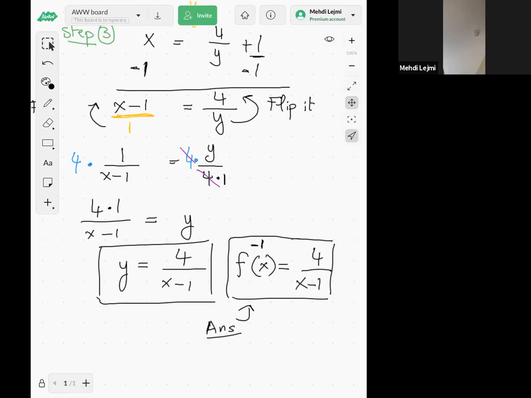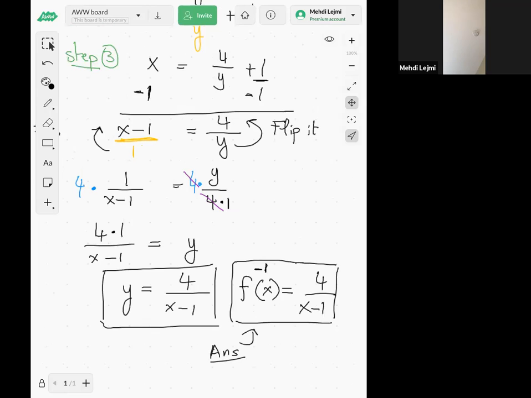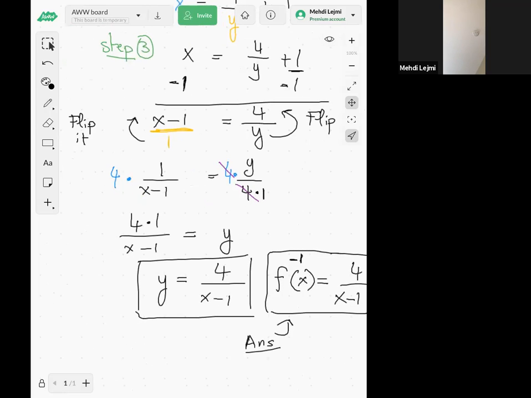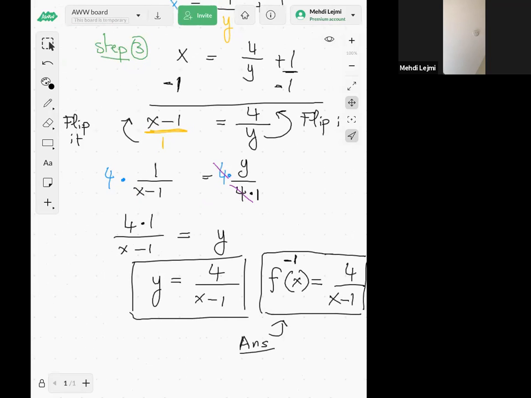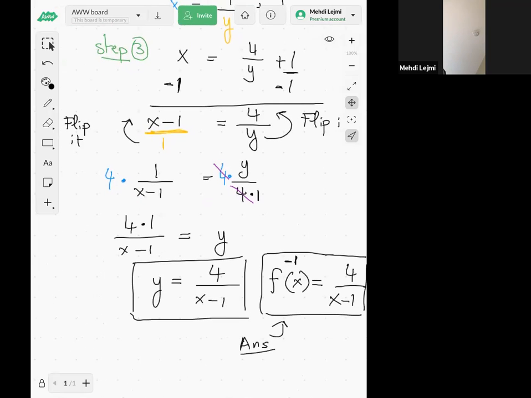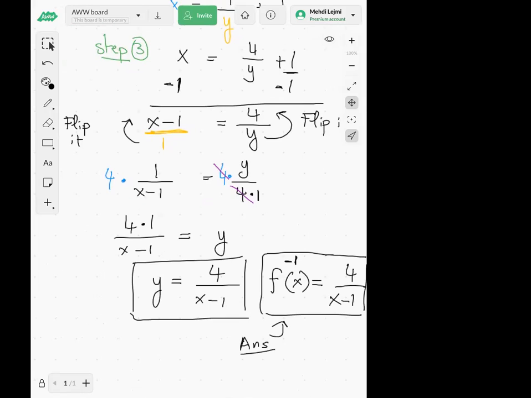Can I move it to the other side? Yeah, sure. You mean to the right side, or to the left? This side. Okay. In the exercise, instead of flipping it, can you move the y over to the other side?